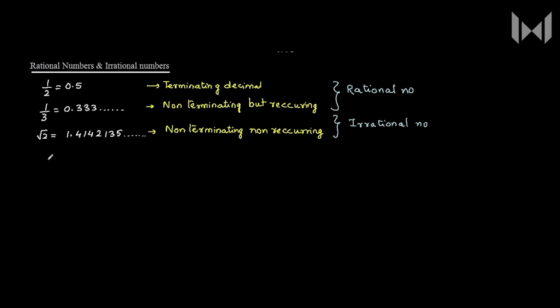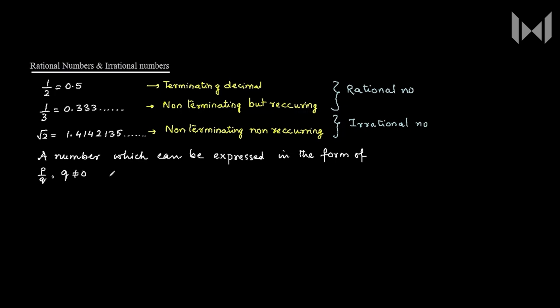We write a rational number this way: a number which can be expressed in the form of P upon Q, where of course Q is not equal to 0 and P and Q are co-prime numbers.